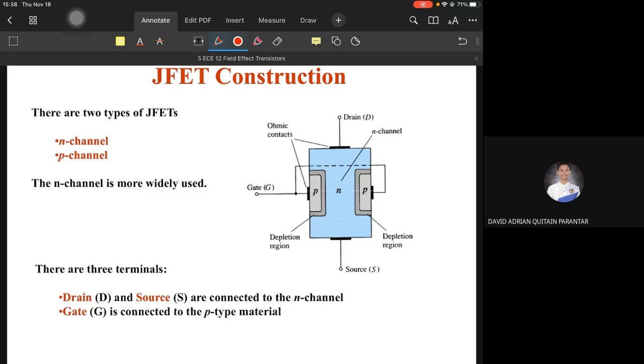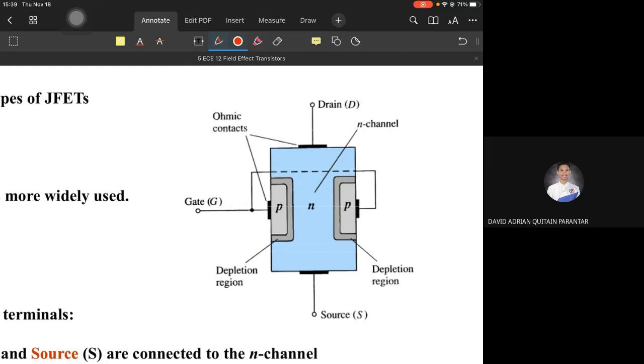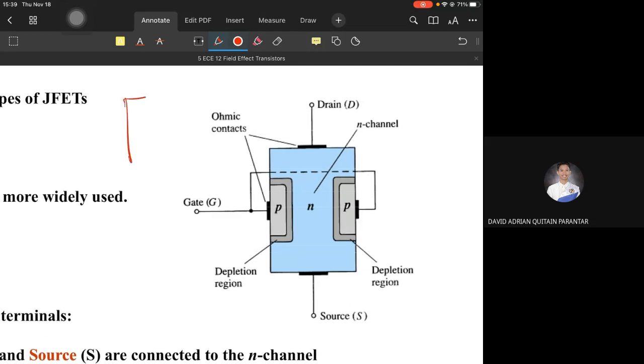There are two types of JFETs, in the same way that there are two types of MOSFETs: N-channel and P-channel. So here, unlike the BJT, which is NPN or PNP with layers, this one has only one layer, its main channel.